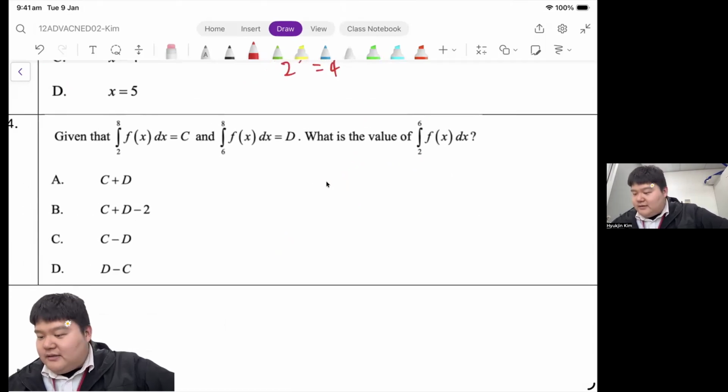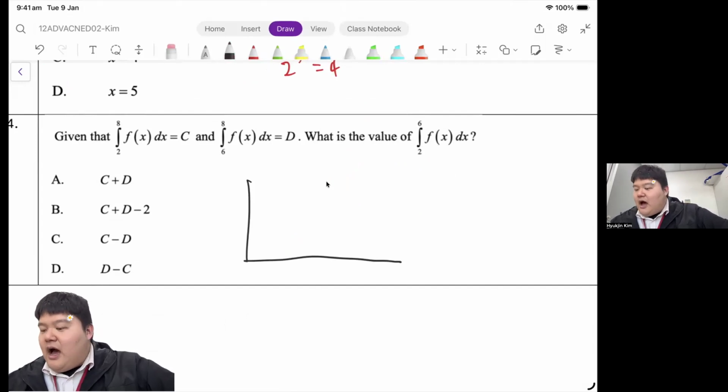Given that the integral of f of x from 2 to 8 is C, from 6 to 8 is D, and the question asks from 6 to 2. Okay, so now imagine this.